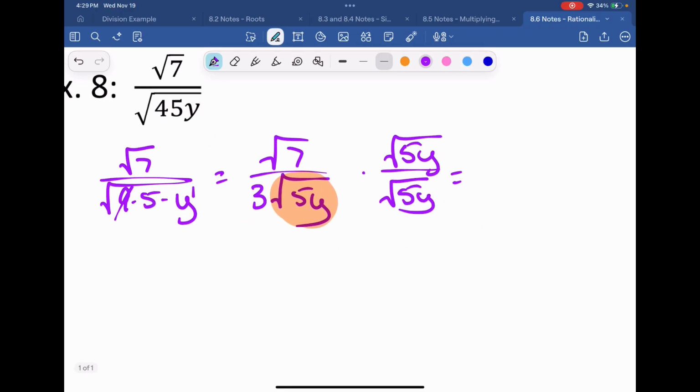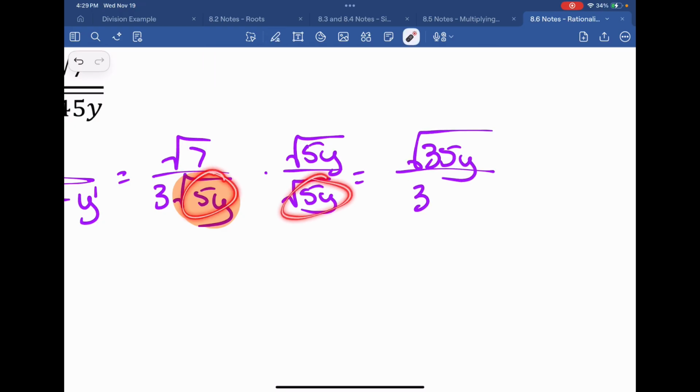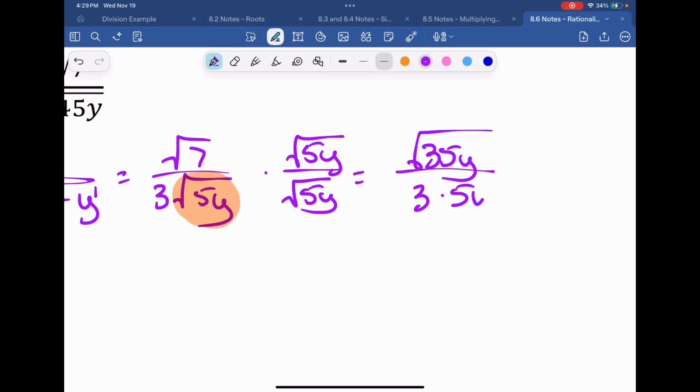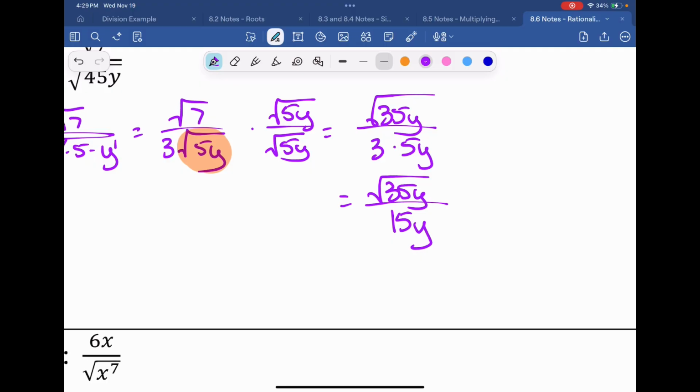Multiply inside your radical. Remember, when you multiply a radical by itself, the radical drops. 35 doesn't have anything, so that's it.